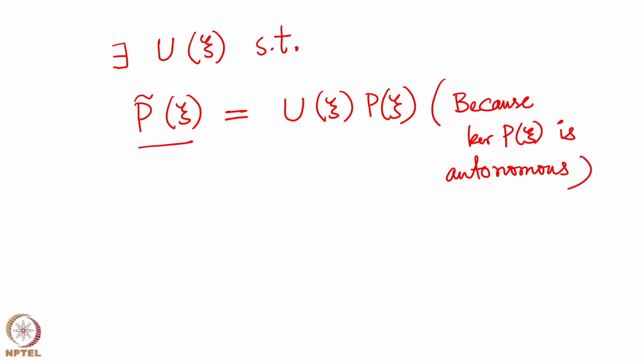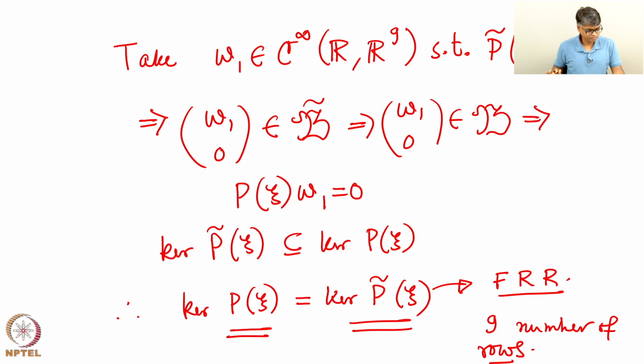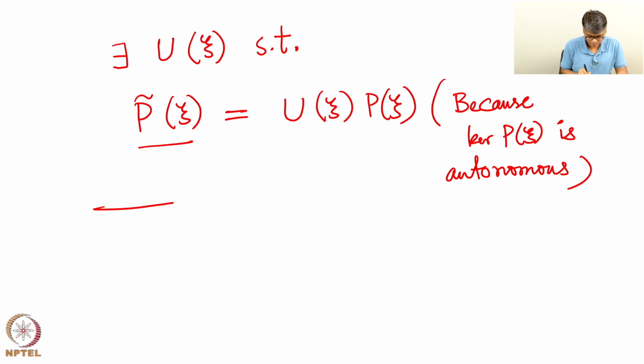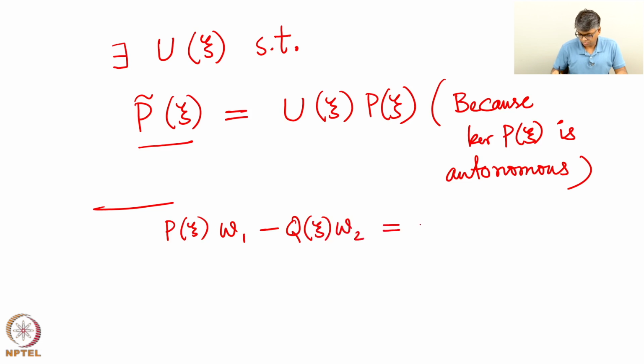Now we are almost there. We are almost done. Just bear with us for a while. Now, we have the general non-autonomous case. So what did we have? We have P(ψ) W1 minus Q(ψ) W2 equal to 0.